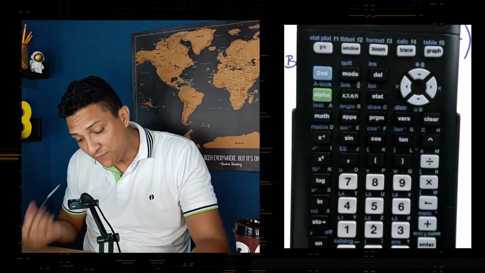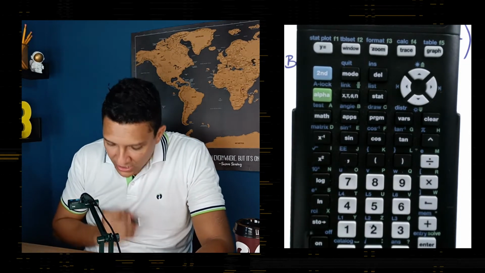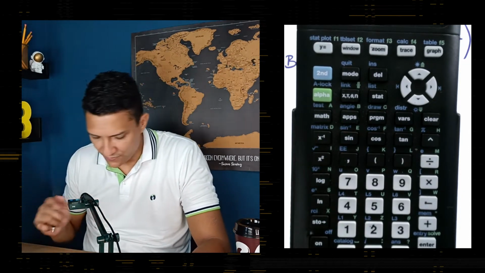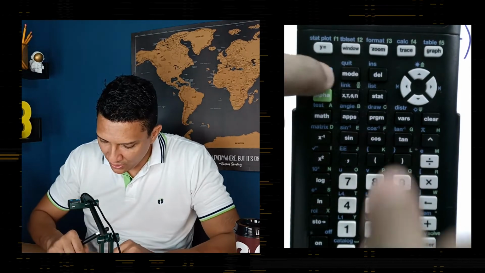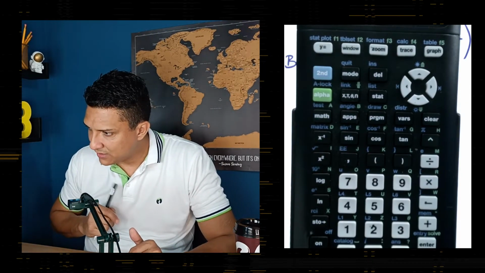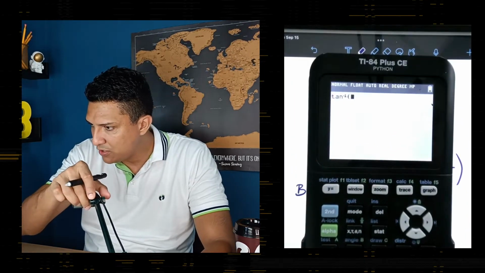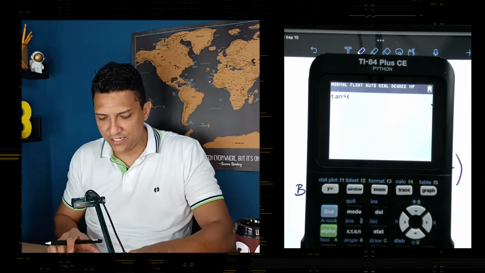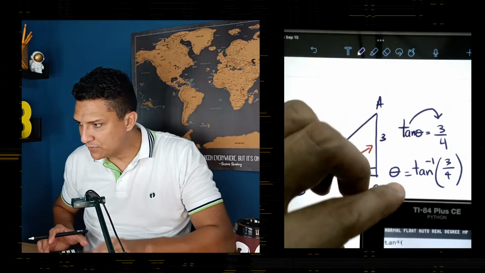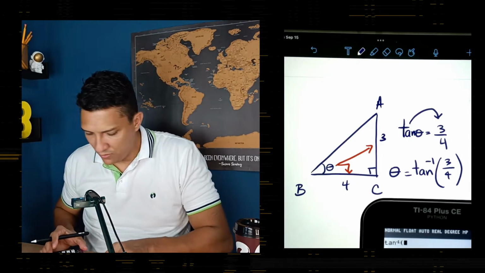If you're using a scientific calculator, probably you will need to press shift first. So I'm going to press second tangent, and immediately on the screen you are going to see inverse of the tangent. Now I'm going to input the values, 3 over 4.